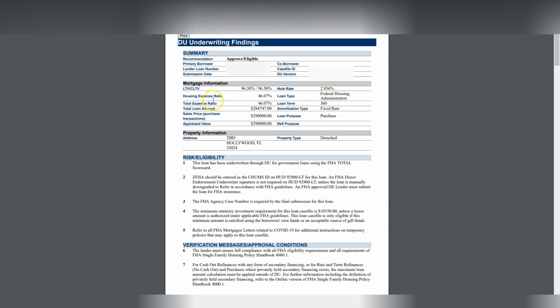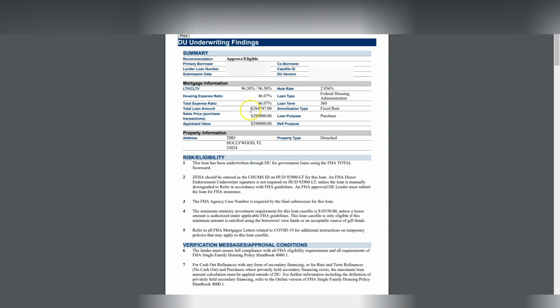The housing expense ratio is 46.07% and the total expense ratio is 46.07%. So possibly this loan wasn't submitted as a conventional loan because it needs to have at least 45% or lower of a total expense ratio, and FHA allows up to 50%. So that's one reason why this loan was probably sent to FHA instead of as a conventional loan.